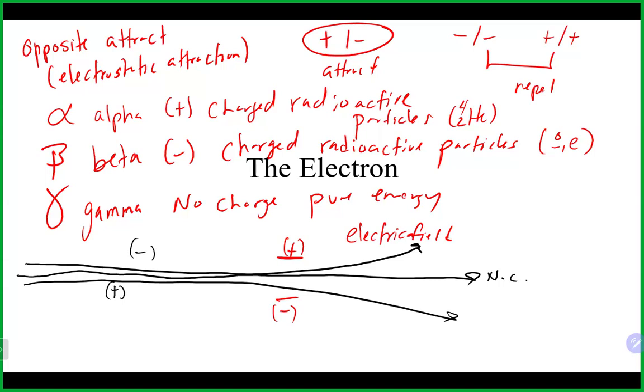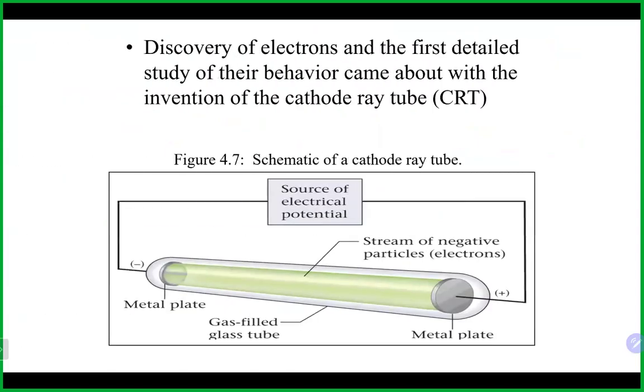Now, one of the biggest advances toward understanding the electron came with the invention and use of what is known as a CRT, which stands for cathode ray tube. That was a really big step forward in understanding electrons. This is a schematic of a CRT tube.